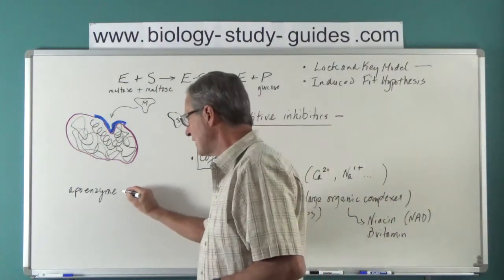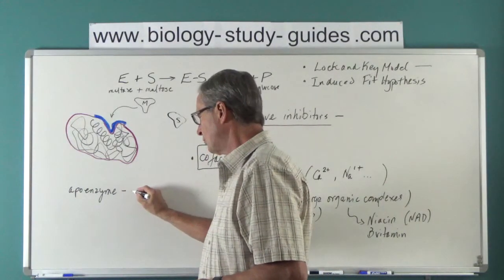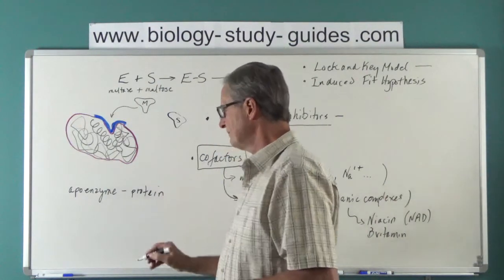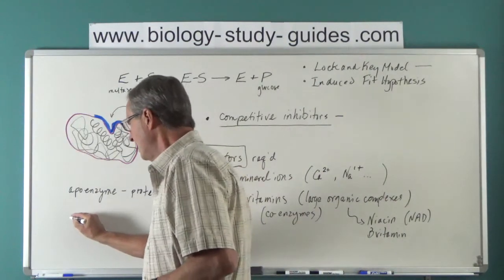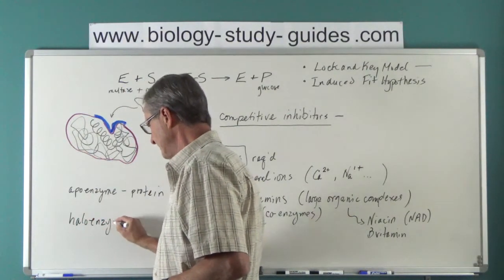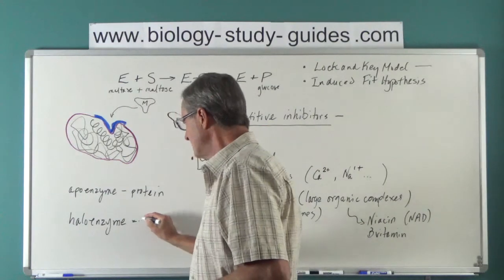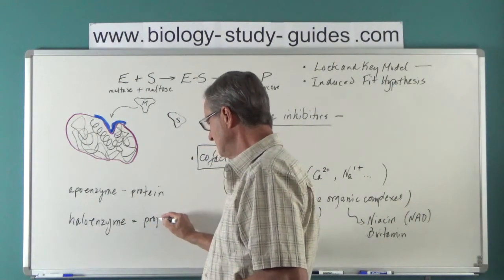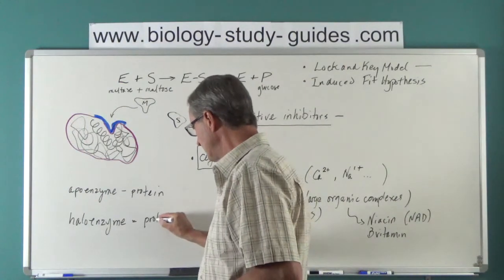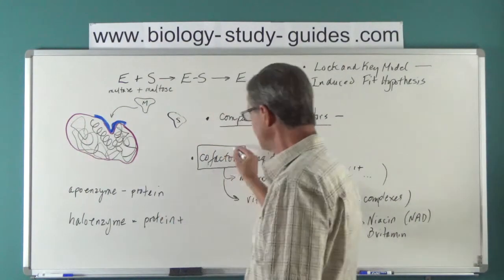The apoenzyme is a term that just means the protein portion of the enzyme. There's a thing called the holoenzyme, which is the protein portion plus the cofactors.